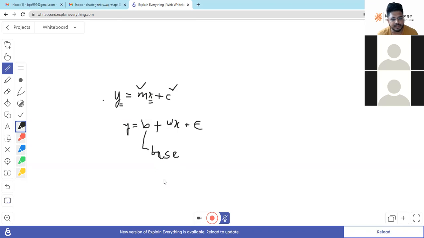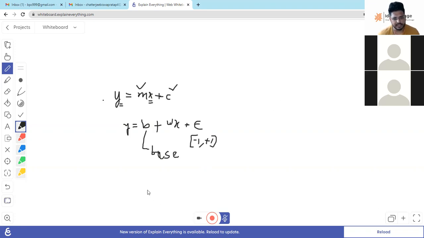So this is the base value, and epsilon is the error added to compensate, because we might not always be calculating in a perfect manner. So epsilon is the error found in that calculation. That's why we have added epsilon. It can be a distribution from -1 to +1, a uniform distribution or a Gaussian distribution, which can give us a very nice linear regression graph.